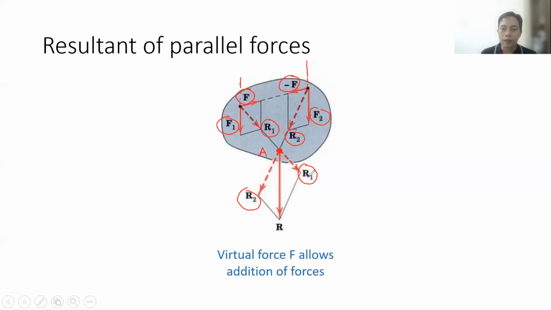Because we add R1, which consists of F1 plus F, and R2, which consists of F2 plus minus F, these will cancel each other. That means this resultant only consists of F1 and F2.